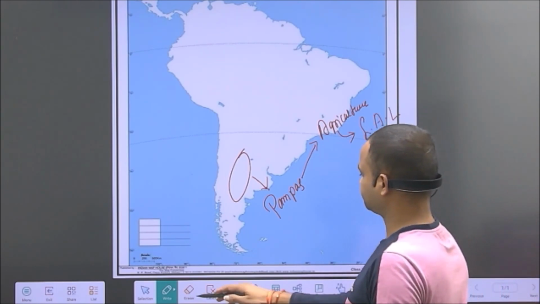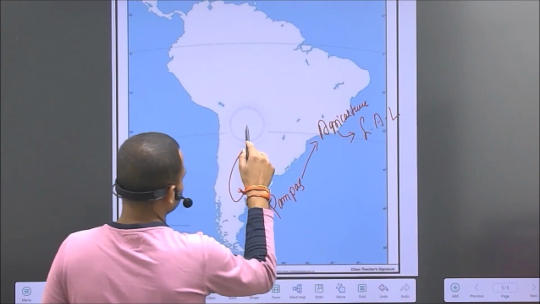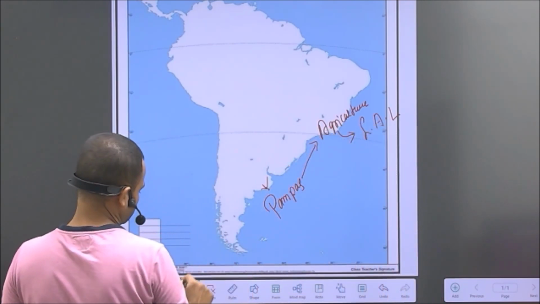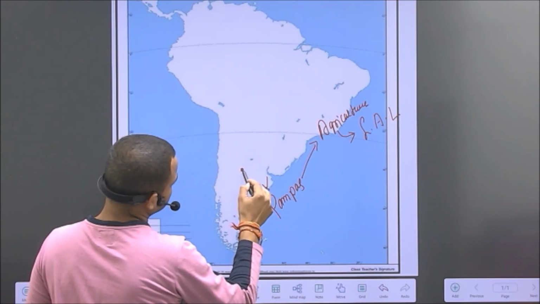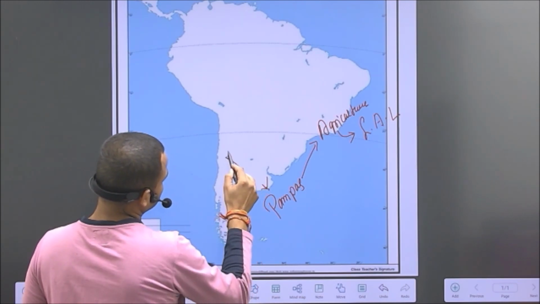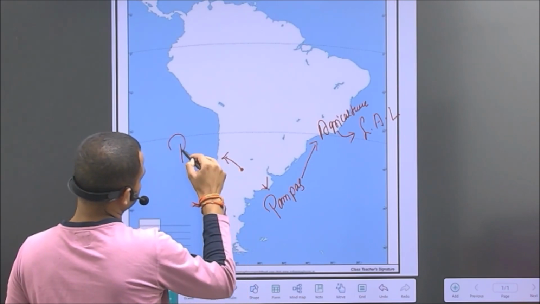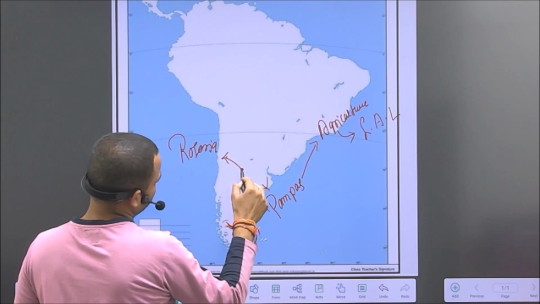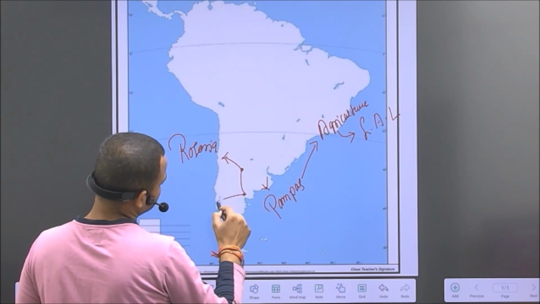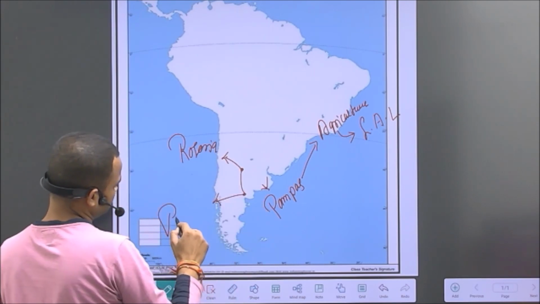Here you can see Rosario, and here you can see Bahia Blanca.